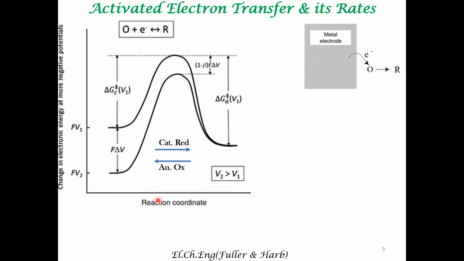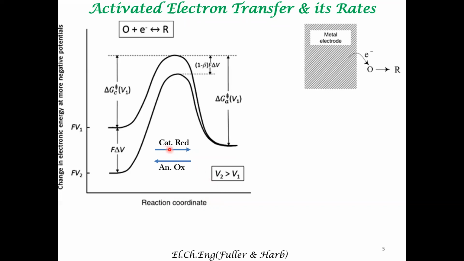So as we move in this reaction coordinate, we are going from here to the reduced species. That's what we mean by reduction. That's what is indicated in the x-axis.